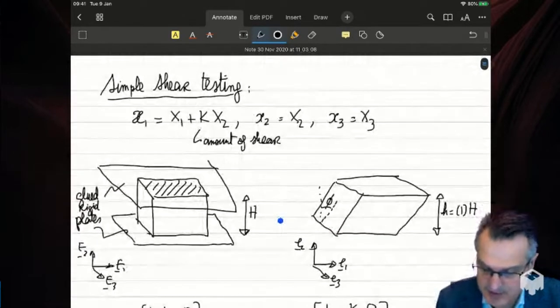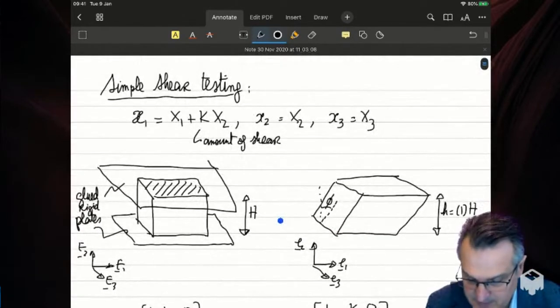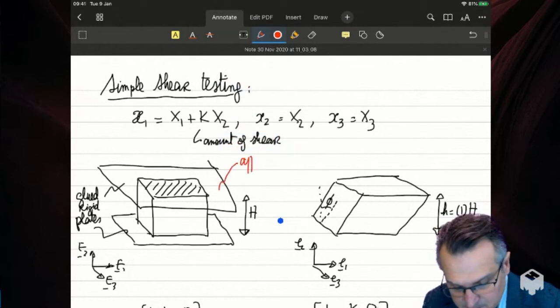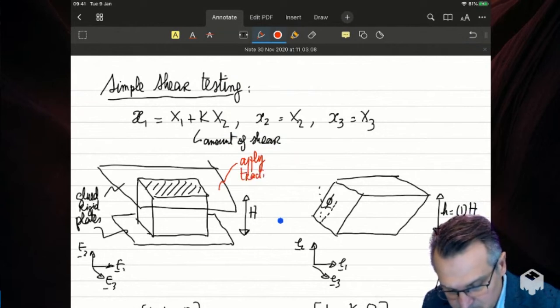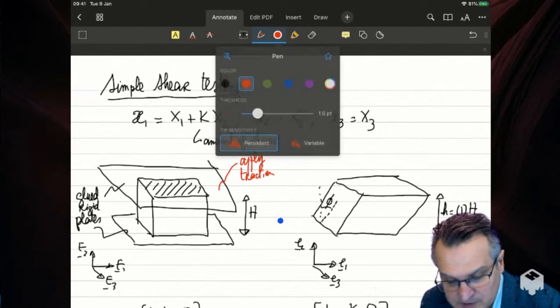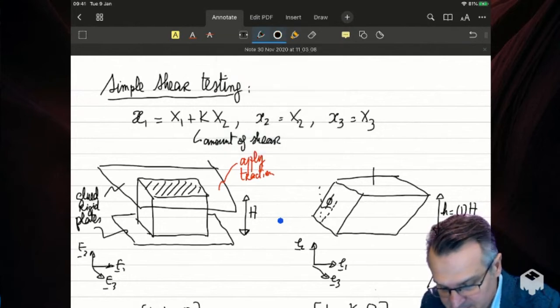I'm just going to go back here and write the components of the force that need to be applied on this plate here. Apply traction. So the normal to this face is E2.